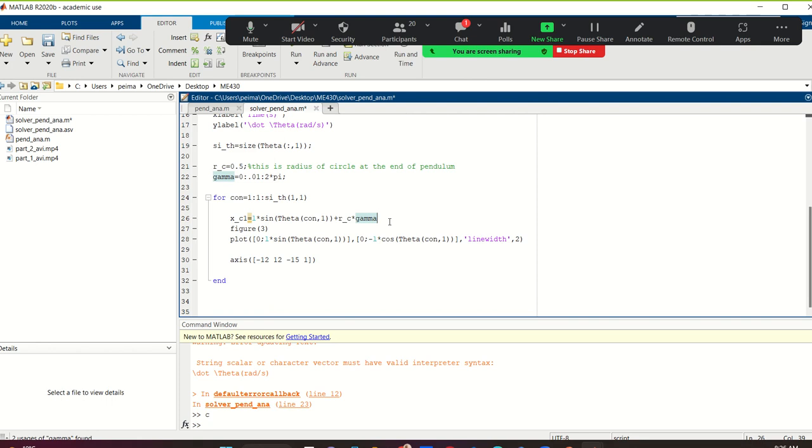So now we defined x. Now y of the circle, as we did, is gonna be exactly this, minus L cosine, because we're gonna do that in every second, plus RC.